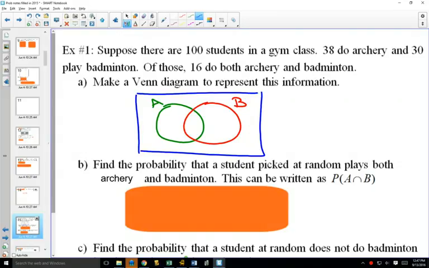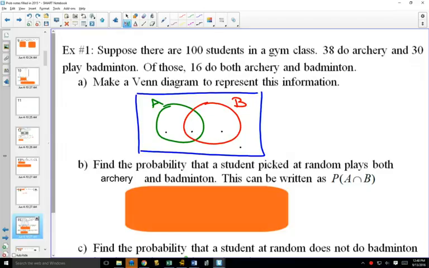So we've got our archery and we got our badminton. There is an overlap because there are some people that like both. And what we need to do is we need to put a number in each of the spaces. There's a space that's caused by the overlap, the intersection. There's a space that's only archery, a space that's only badminton, and there are people that don't play archery or badminton.